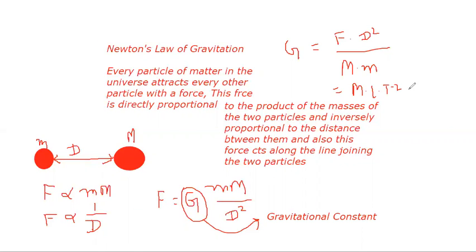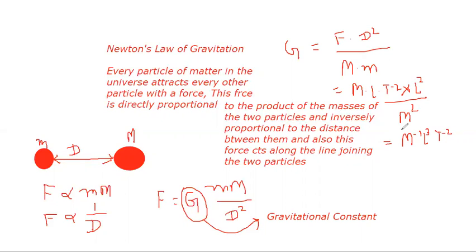What is d square? D square is again L square, divided by mass square. So the dimension is M to the power minus 1 L cube T to the power minus 2.